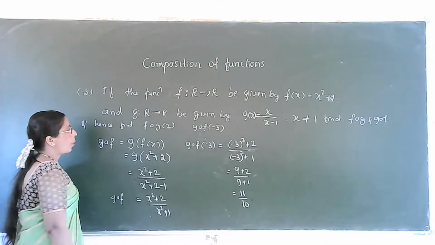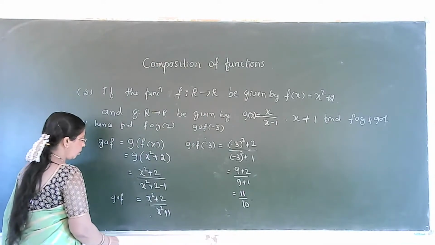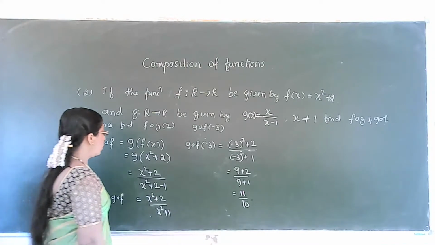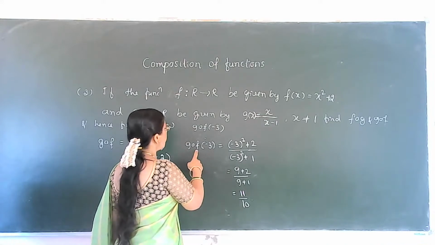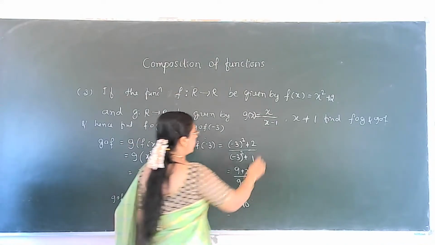The decomposition of f is equal to x square plus 2 divided by x square plus 1. Then the decomposition f of minus 3 is equal to 11 by 10.